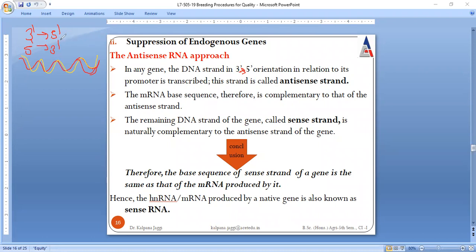Very important: the one that is extending from 3' to 5' end is actually the one that is transcribed. Kindly listen to it carefully, it is an important concept.